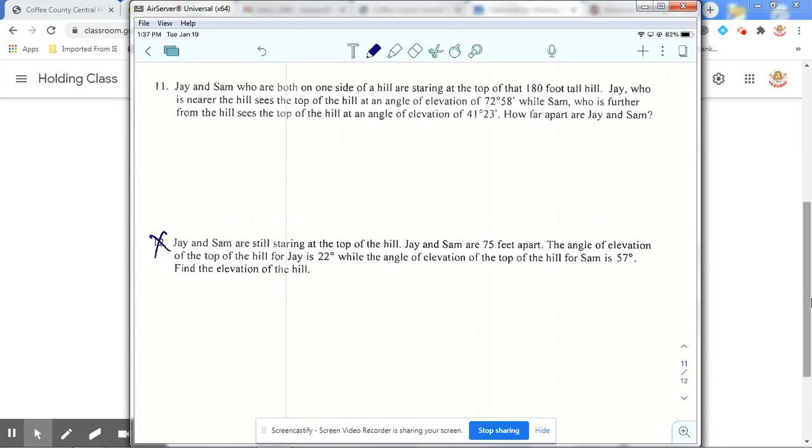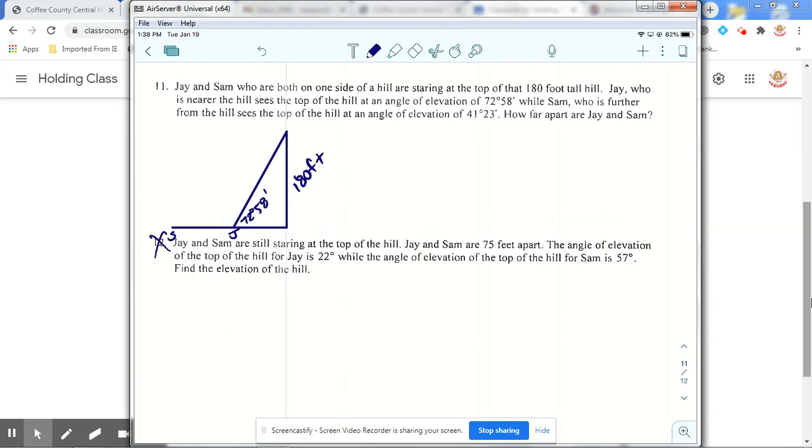So this is kind of a strange question, but we're going to say the hill is here, and it's 180 feet tall. Right, and then Jay and Sam are over this direction. Let me try that again. All right, so Jay is right here, and he's looking up at the hill, 72 degrees 58 minutes.